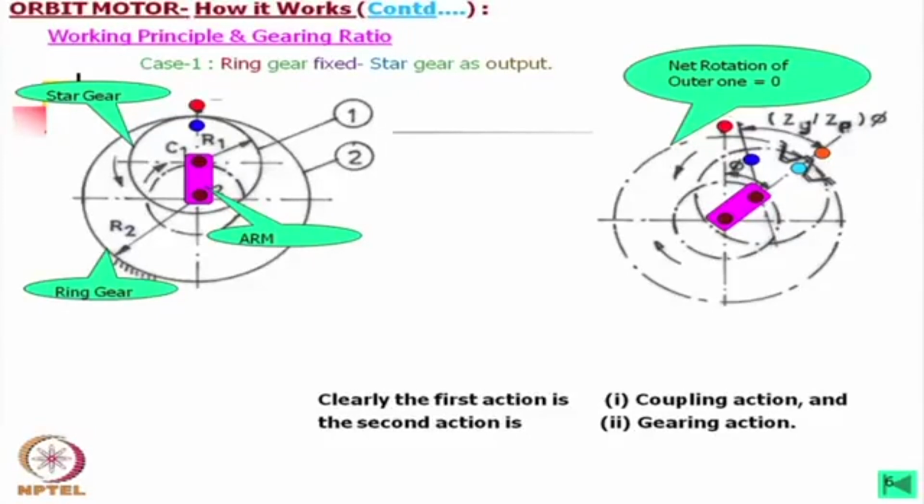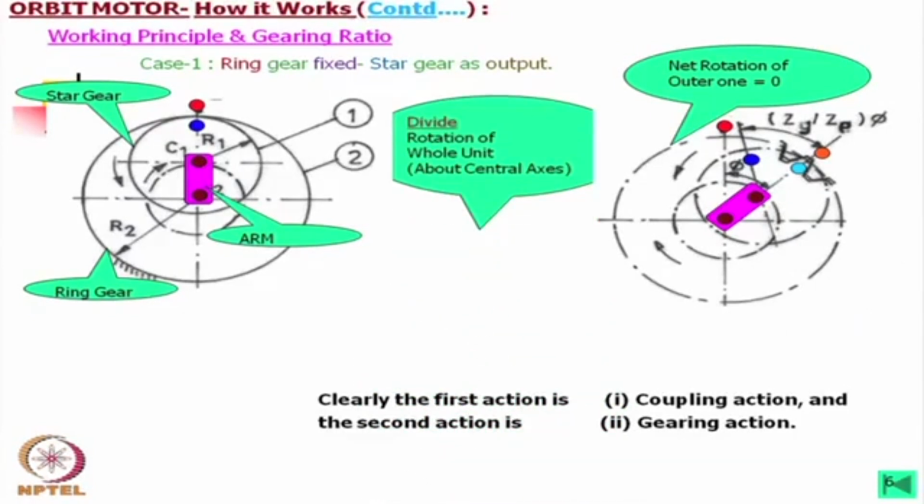So when we go for the gearing analysis, we have to consider which one is driving, which one is driven, and where the contact is. To analyze this, we must understand these two actions. These two actions simultaneously give the action of harmonic drives or the gearing action in orbit motors.